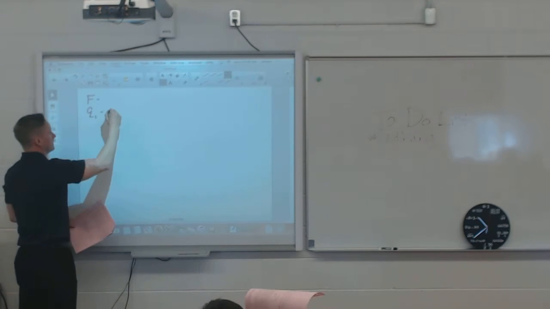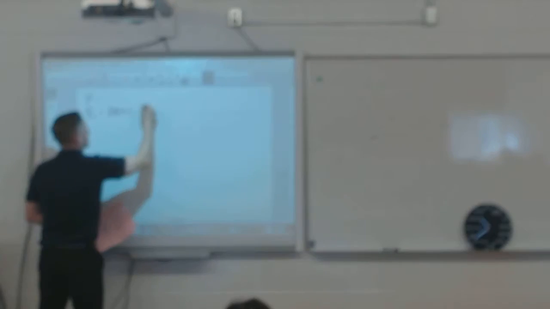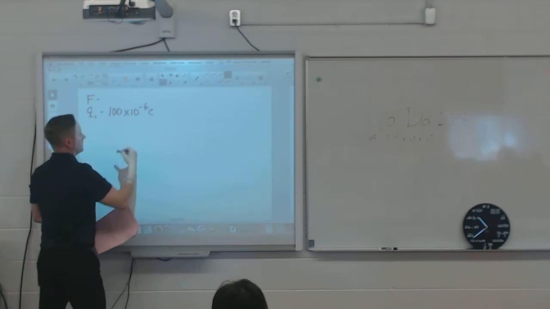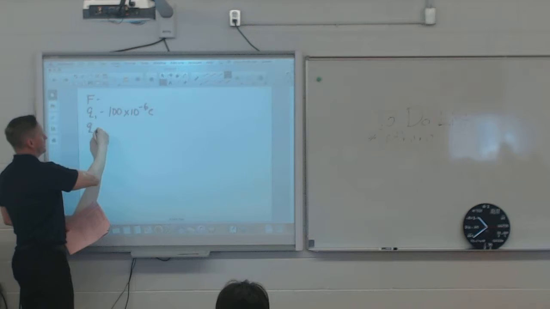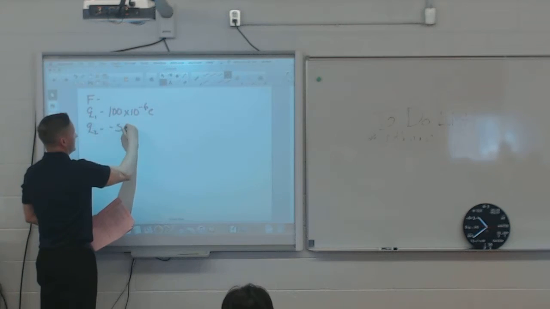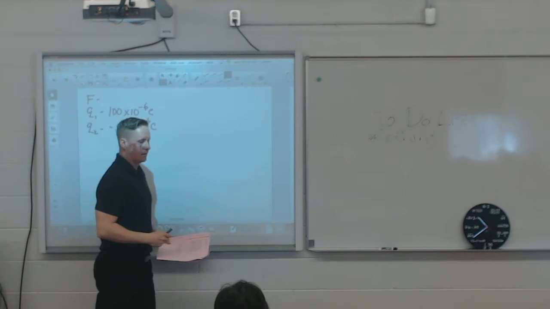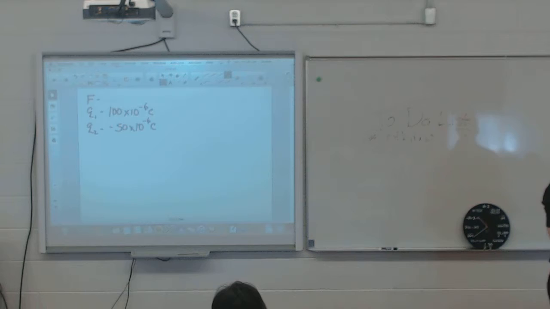Q1 is given as plus 100 microcoulombs. So I'm going to change that to coulombs right away. Q2 is negative 50 microcoulombs.